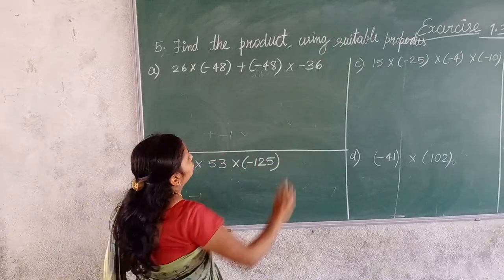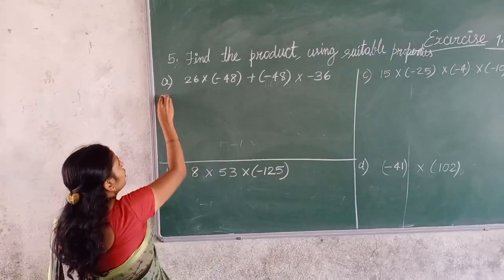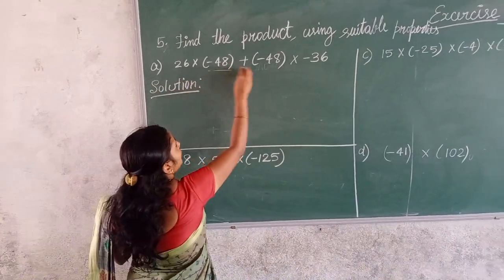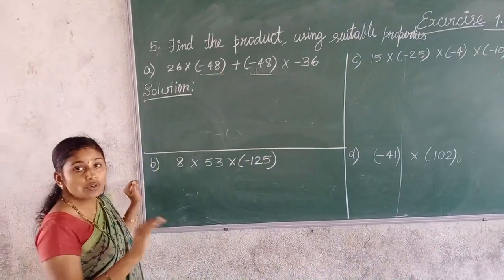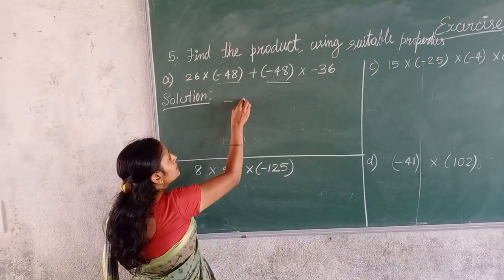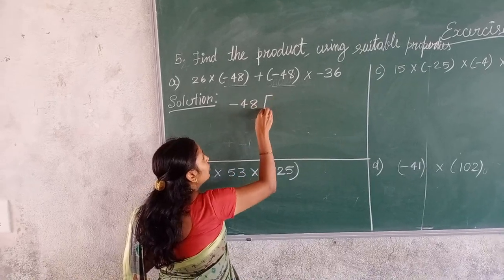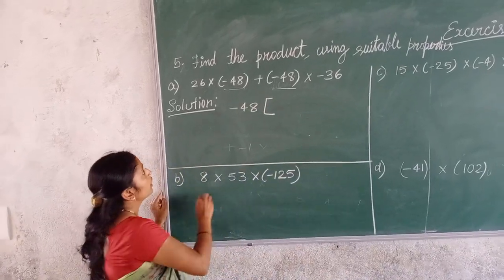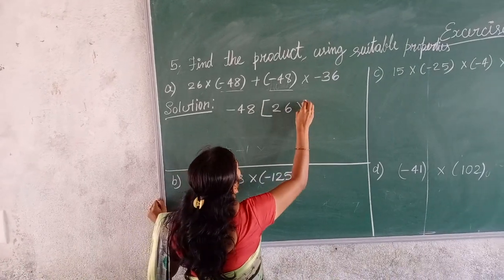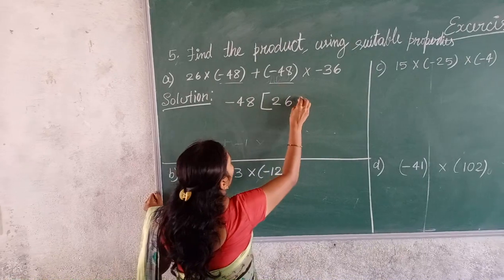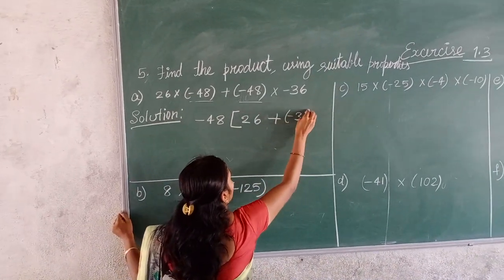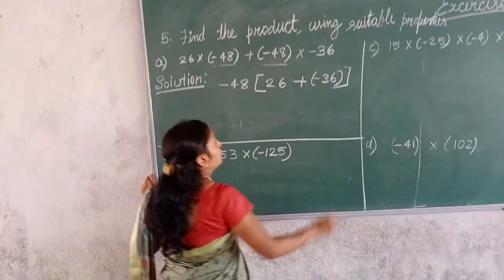Just observe the question. What can you find in the question? Observe that 48 is repeated, so it is a common 48. Let us take out the common minus 48. If you take out the common, then 26, then we are getting a plus symbol, 26 plus minus 36, and you put the bracket.